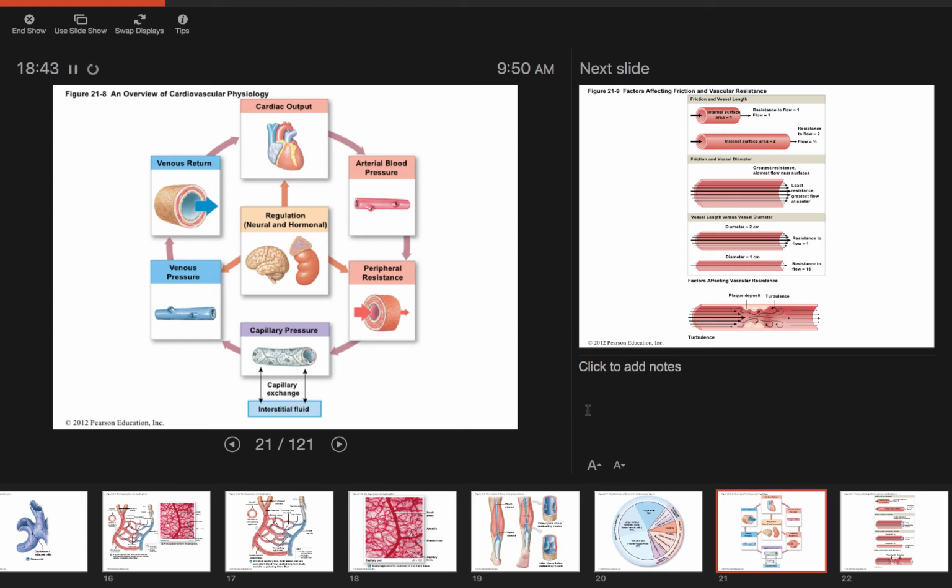So next thing we're going to talk about here: when the blood is coming back to the heart, this picture is showing cardiac output. So we've got hydrostatic pressure pushing the blood out to the capillaries. We get an exchange with the environment, and then the blood starts flowing back through the veins to get back to the heart.